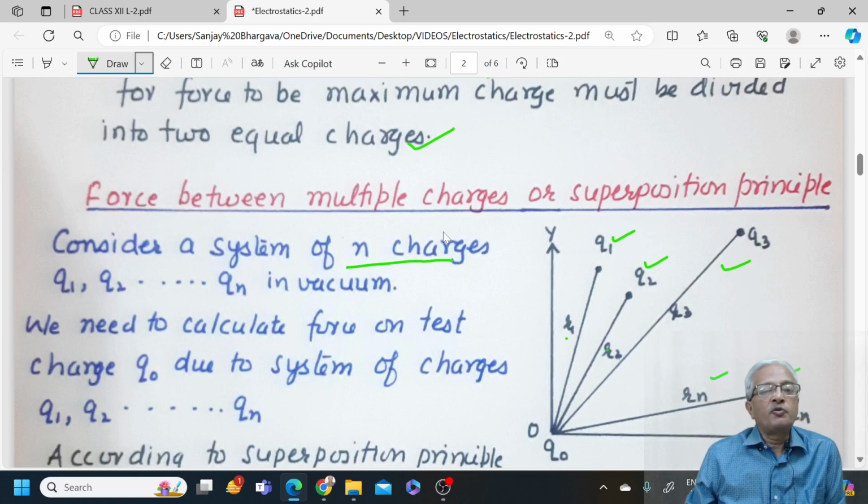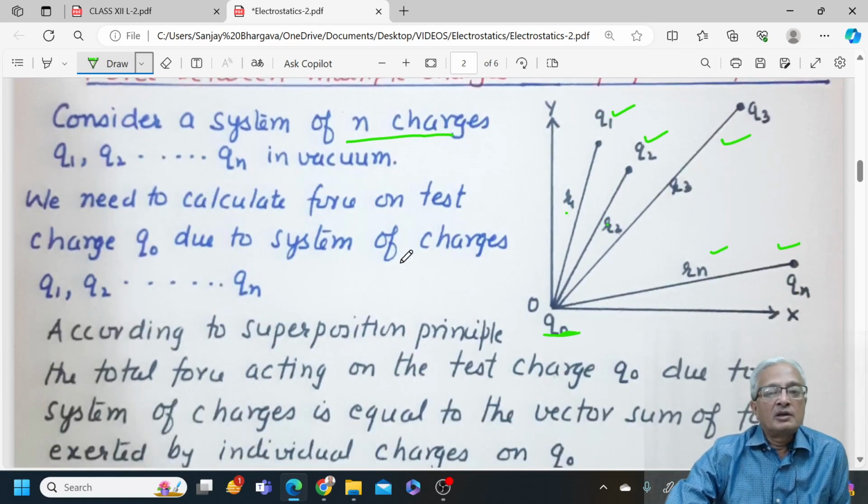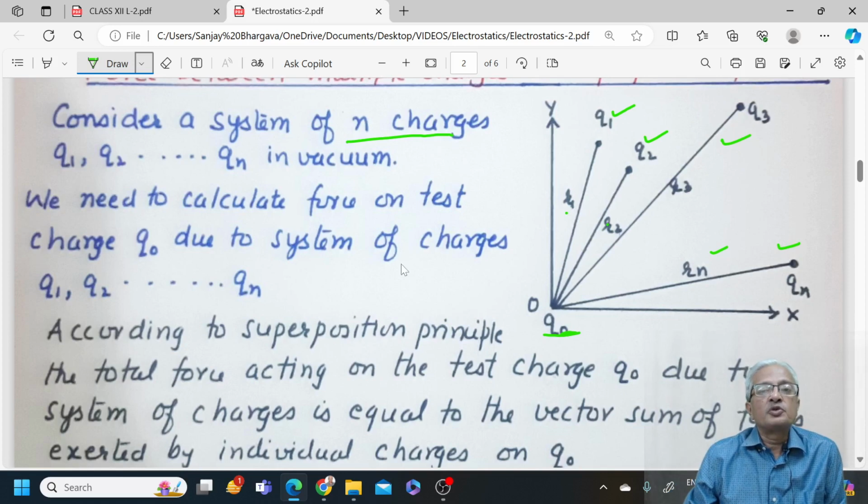We need to calculate force on the test charge Q0, that means the charge placed at the origin. And Q0 would experience a force due to presence of Q1, Q2, Q3, Qn. And what does the superposition principle say?